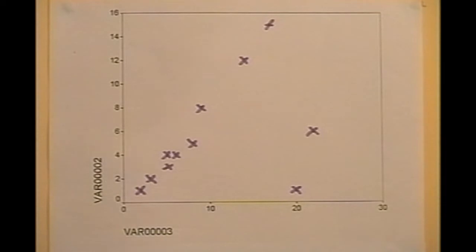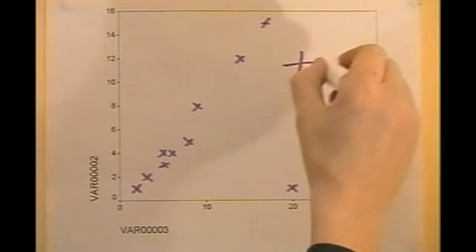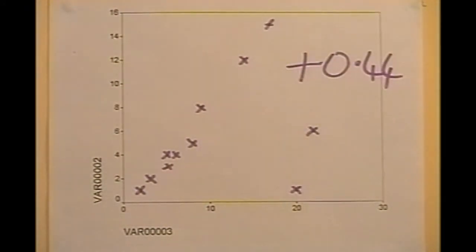And we can actually work out the correlation for these data points. We can take two lists of numbers, run them through a correlation statistic, and we find out that the correlation here is +0.44. So these are positively correlated.